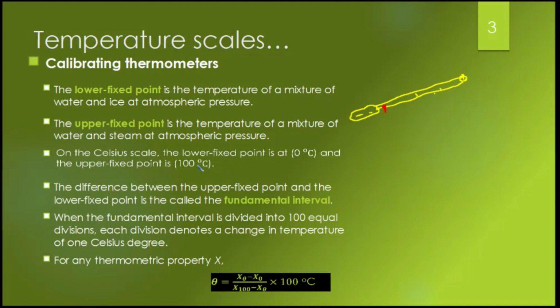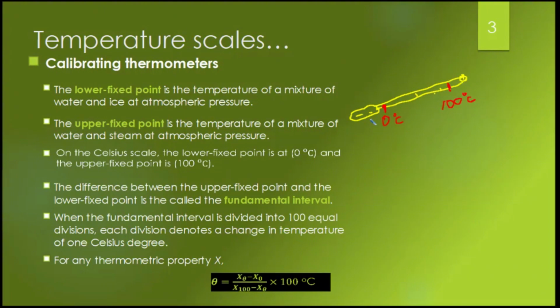Then we put it in a mixture of water and steam or water vapor, and where the mercury level rises to the maximum, we mark that as the upper fixed point. Now on the Celsius scale, the lower fixed point is 0 degrees Celsius and the upper fixed point is 100 degrees Celsius.